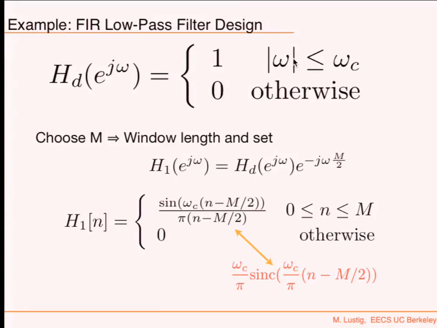And then we're going to choose M, and then compute H1, which is basically the linear phase filter. Which then, if we look at the impulse response, I found my typo before you.